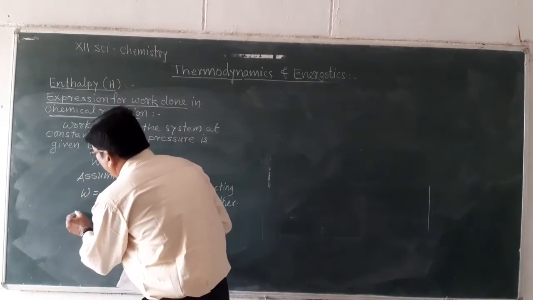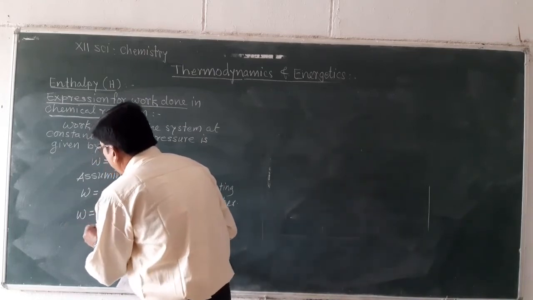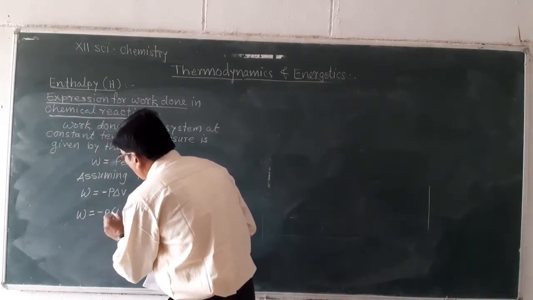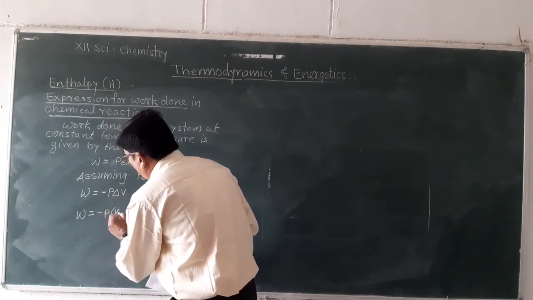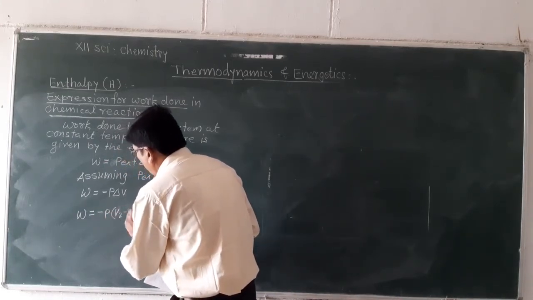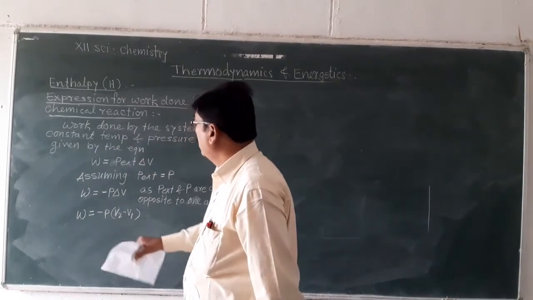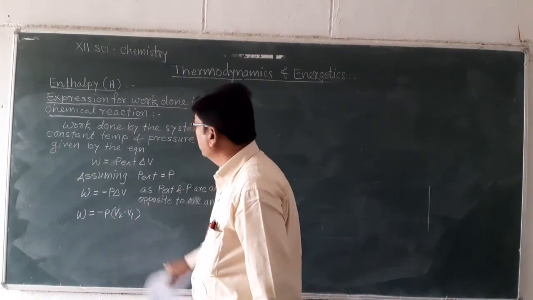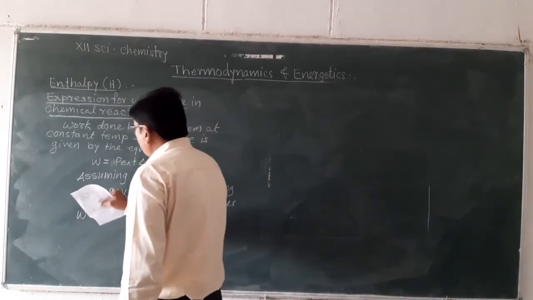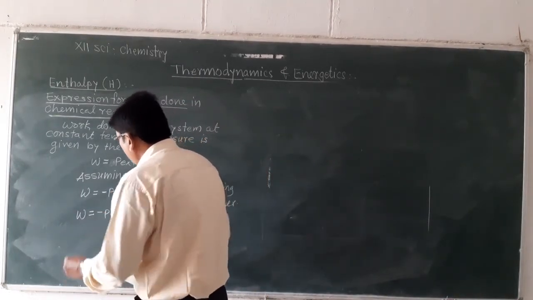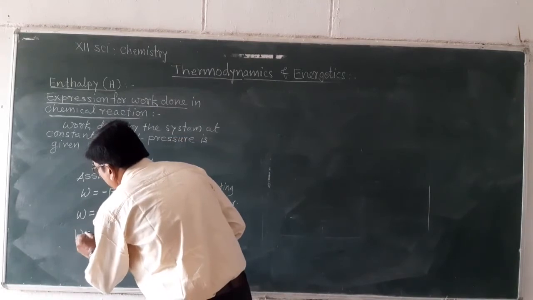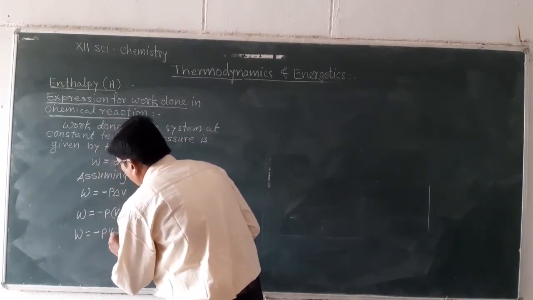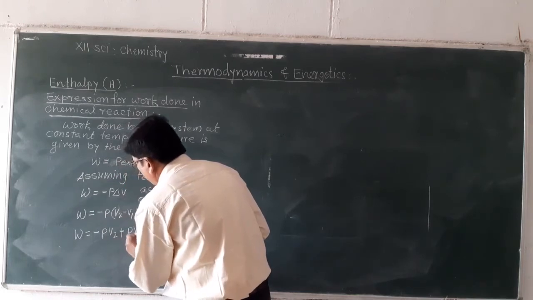Then we have W is equal to minus P delta V. If you modify this equation, W is equal to minus P into (V2 minus V1). Delta V is the difference between the final volume and the initial volume of the system. Therefore, we have this equation. Again, you modify this equation as W is equal to minus PV2 plus PV1.